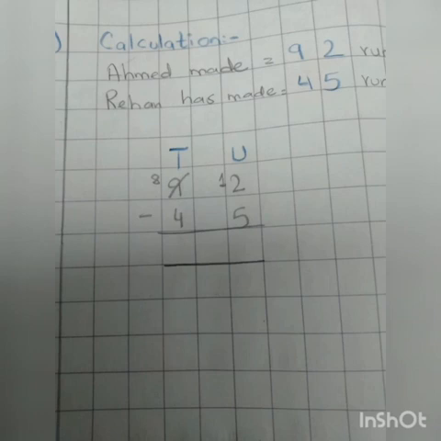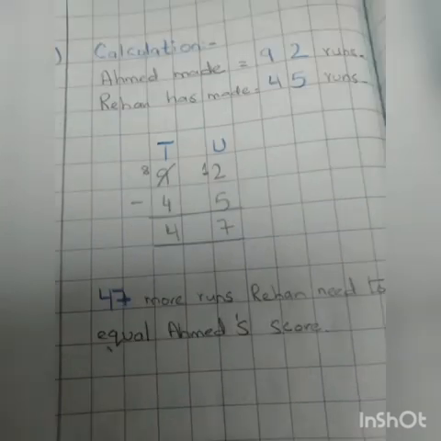So Rehan needs 47 more runs to equal Ahmed's score. Okay, so he needs 47 more runs, and then the score will be equal.